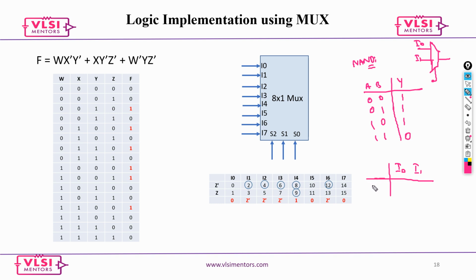So it is going to be B bar, and then 0, 1, 2, and 3. Now I0 would be connected to 1, and I1 would be connected to B bar. As simple as that.